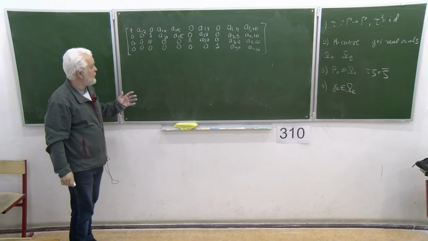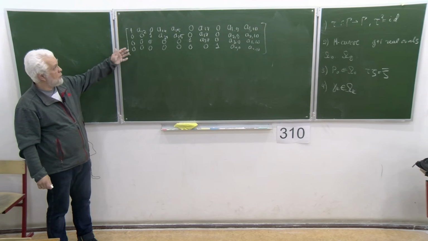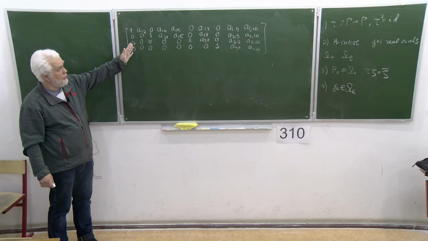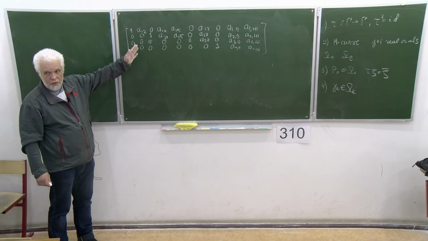So a point of the Grassmannian is uniquely represented by a matrix in reduced row echelon form.